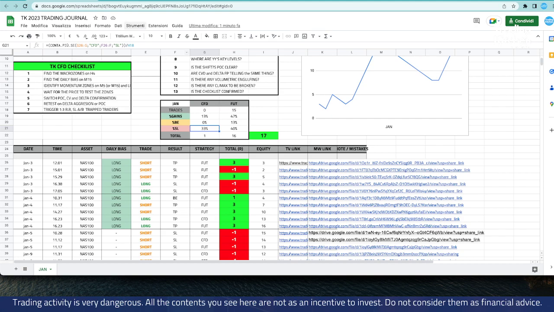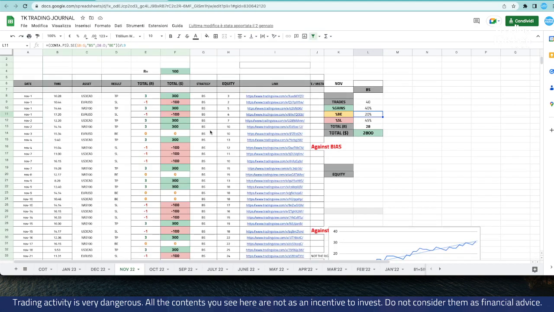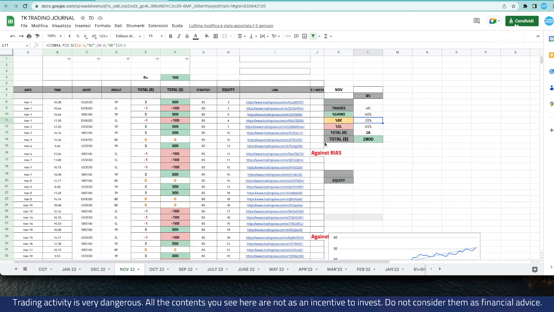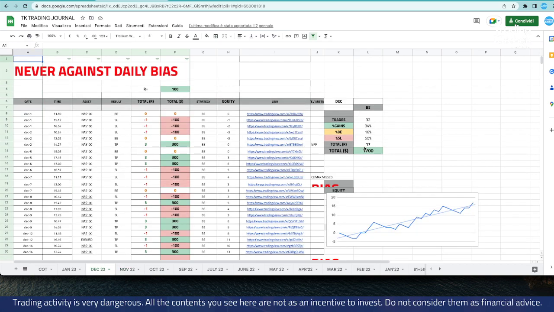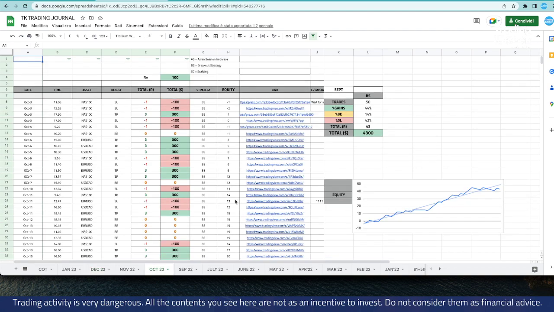This is a trading journal of the last year, and if you scroll to November or December, you can see the stop losses are always higher than the take profits. My win rate is about 40-50%, with a risk to reward ratio of at least 1:3.